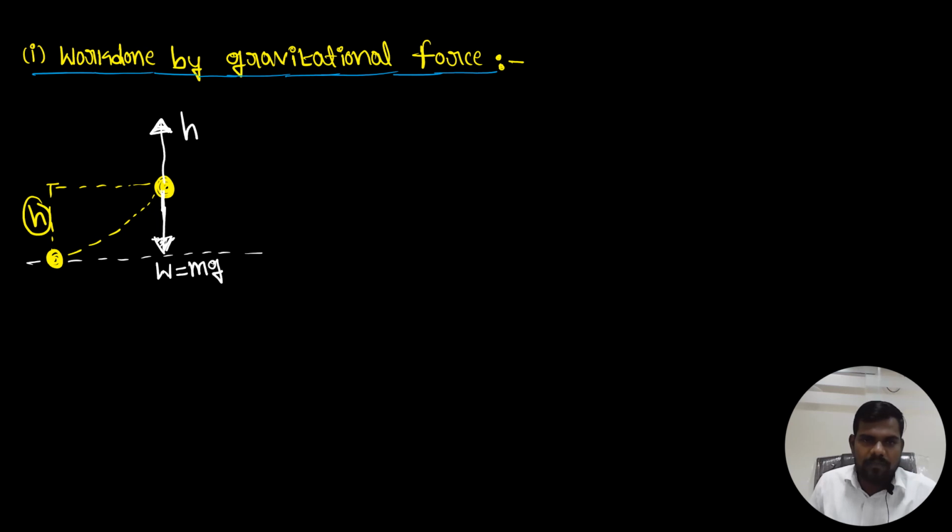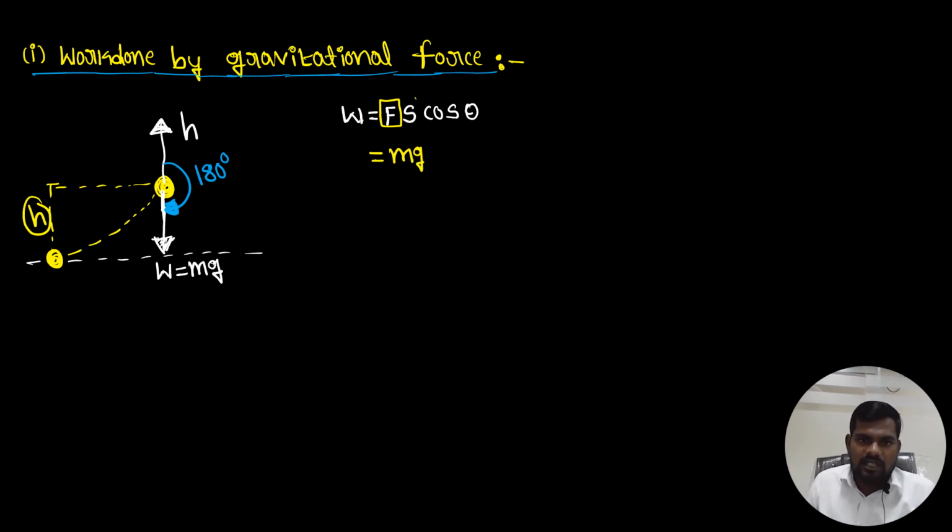This is the h. Now we can observe in this case the angle between h and mg is 180 degrees. I'm considering the formula W is equal to force into displacement, or F s cos theta. Here force is the gravitational force, and the gravitational force formula is m into g.